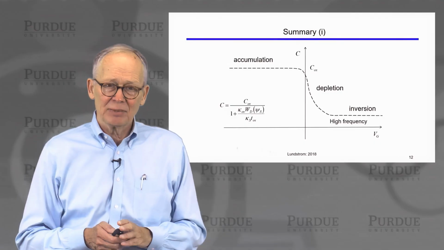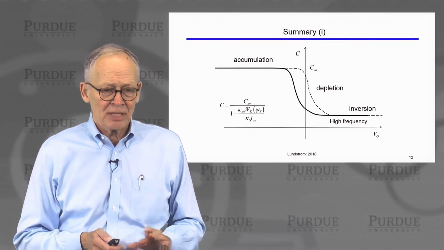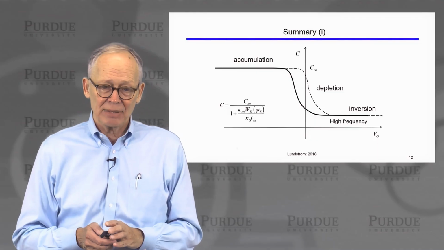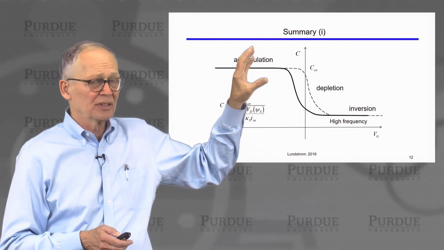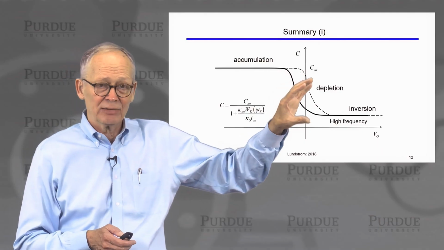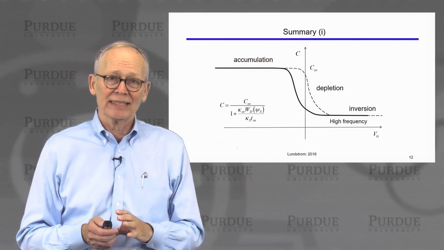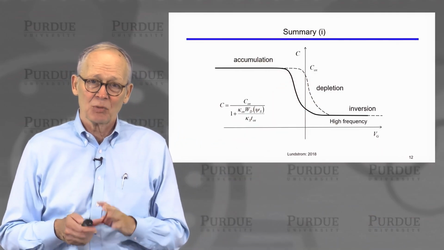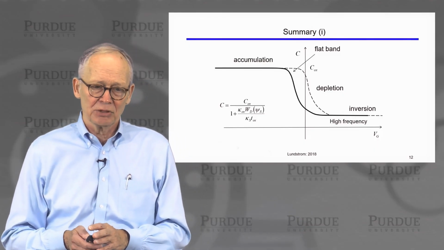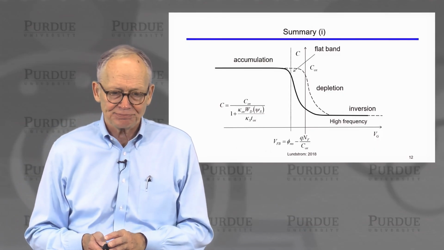We would expect a CV measurement to look something like this. Real structures display a non-zero flat band voltage, and we've understood the physics of why the capacitance is high in accumulation, why it decreases in depletion, and why it stops decreasing when we invert the semiconductor and reaches a constant value when we do the measurement at high frequencies.